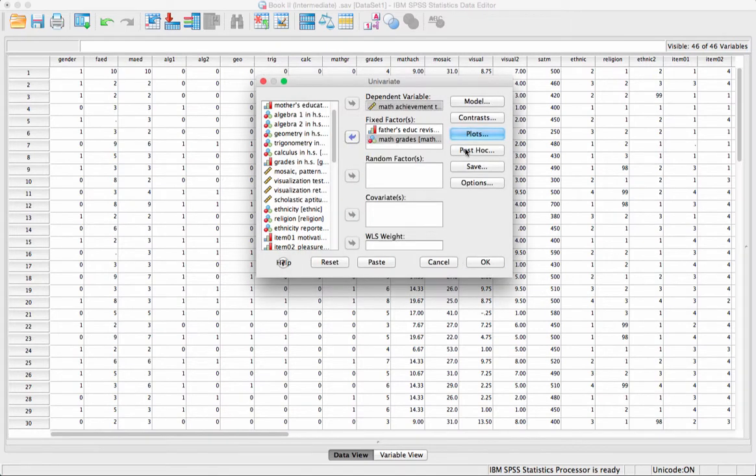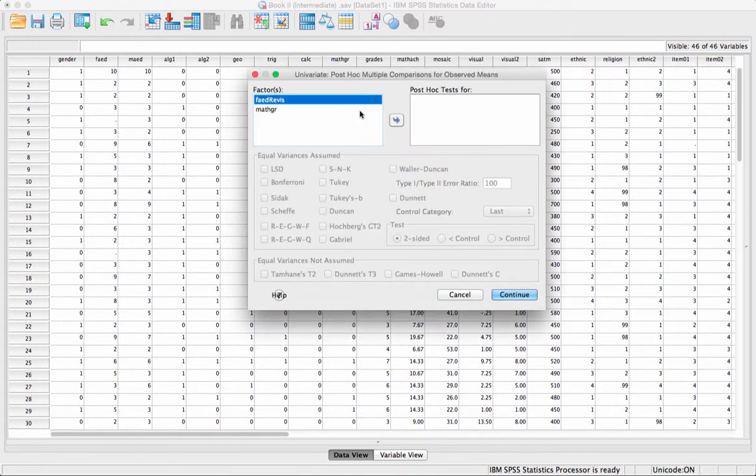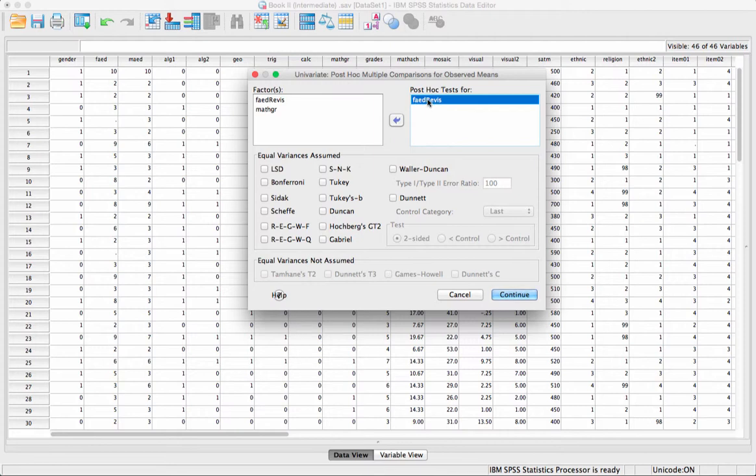And then continue. For post-hoc, we can move father's education over and click on Tukey. I'm not going to move math grades over because math grades only has two levels, mostly A or B or less than A or B. And when there's only two means to compare, SPSS will not conduct the post-hoc test.